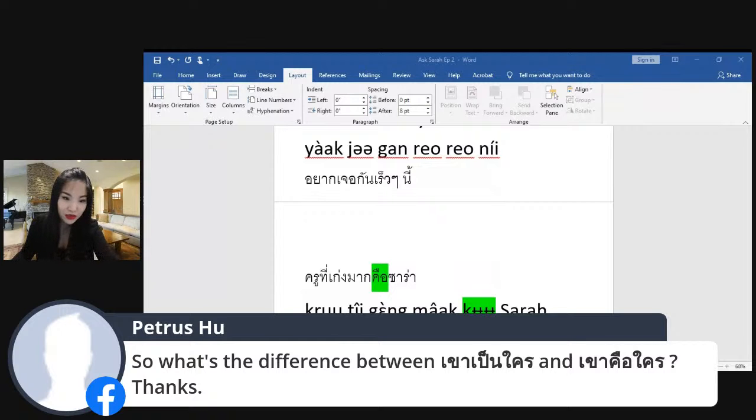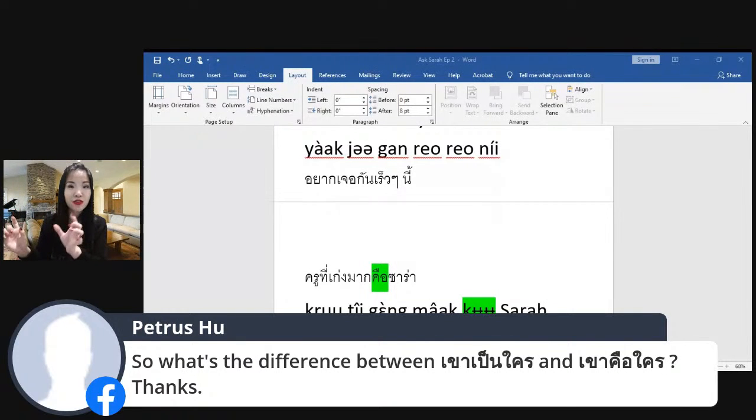But anyways, เขาเป็นใคร and เขาคือใคร can be used interchangeably, the same way as ฉันเป็นครูที่นี่ and ฉันคือครูที่นี่. You can use both คือ and เป็น for those sentences. But I think the trick is to try to filter out the one that you cannot use. For example, you cannot say เป็นครูของฉันเป็น Sarah.